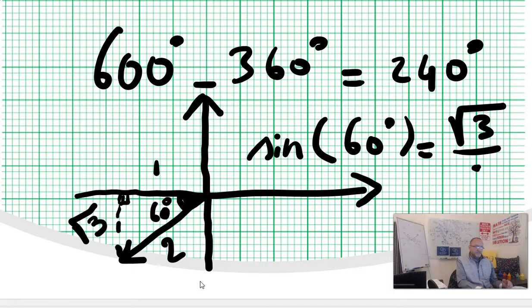Okay? And that's your sine in, I'm sorry, it's minus. It's not quadrant 2, it's quadrant 3. They're both negative, the sine and the cosine, look at it. Even the square root of 3, it's in the negative, okay?